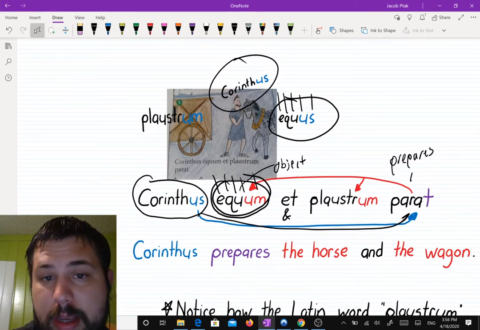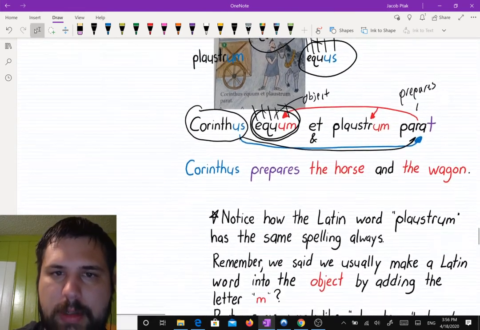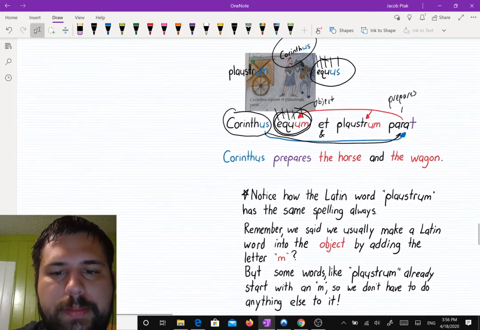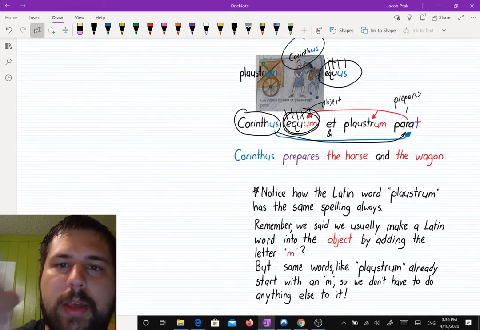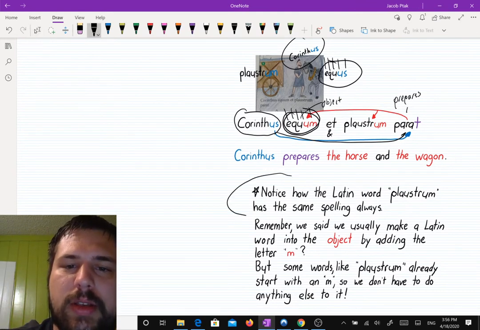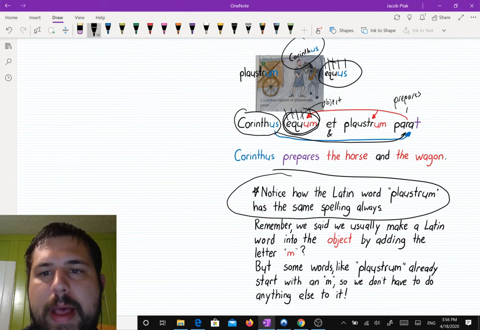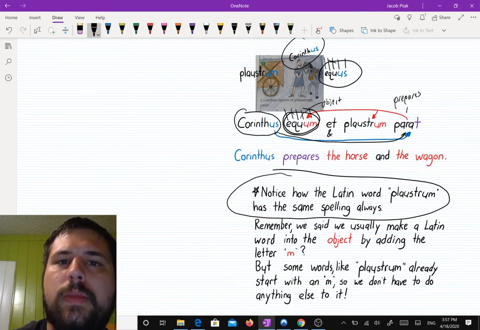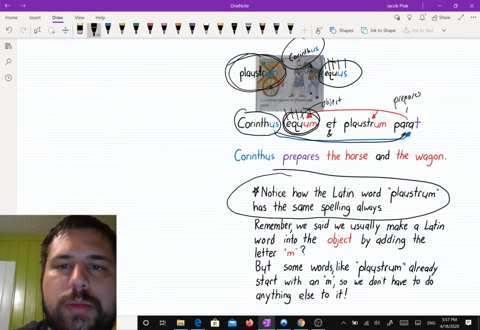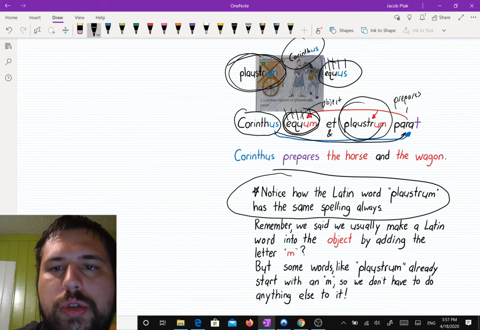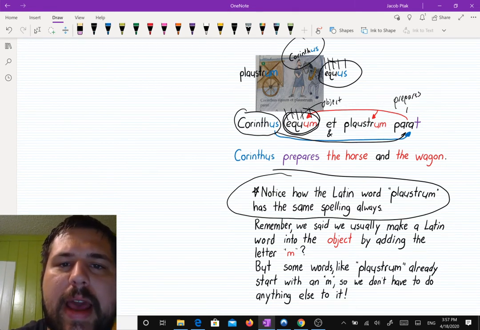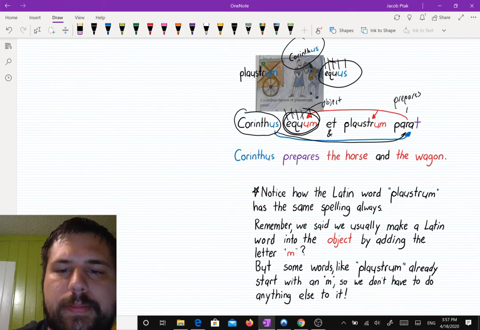Now also, take a note of something here. Notice how the word plaustrum, there's a lot of info here, by the way. Notice how the Latin word plaustrum has the same spelling always. Up here it was plaustrum, and down here it was plaustrum. And we didn't have to add an M to it.